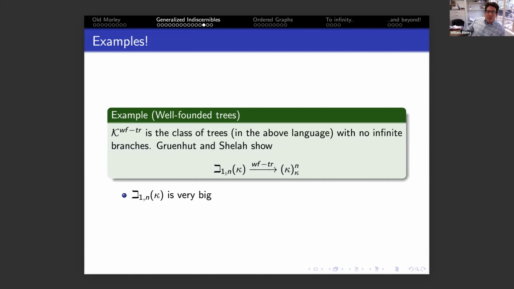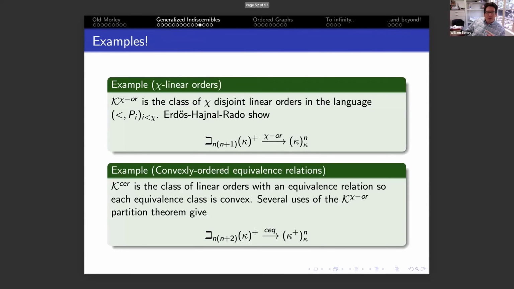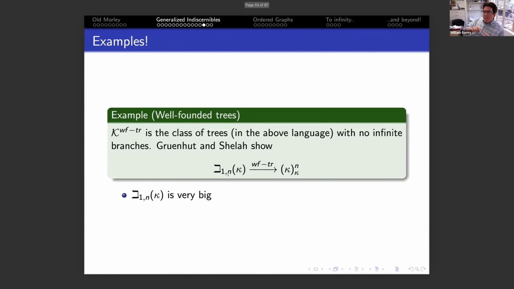And this beth sub 1 n function, rather than iterating starting with the map kappa to 2 to the kappa and iterating that n times, here you start with the map kappa maps to its Hanf number beth sub 2 to the kappa plus, and iterate that n many times. So it's much, much bigger than these other cardinals that we're talking about.